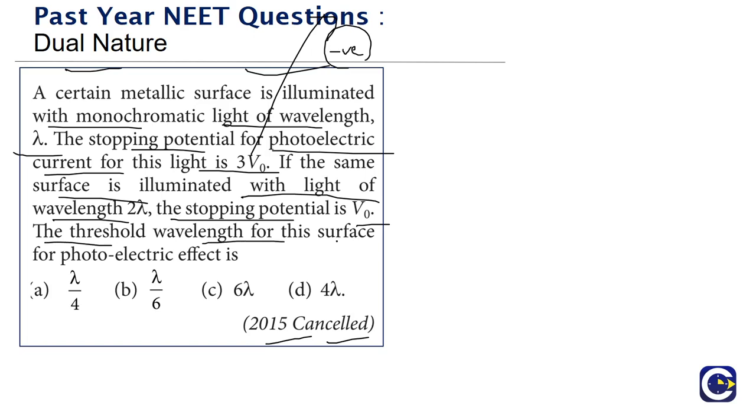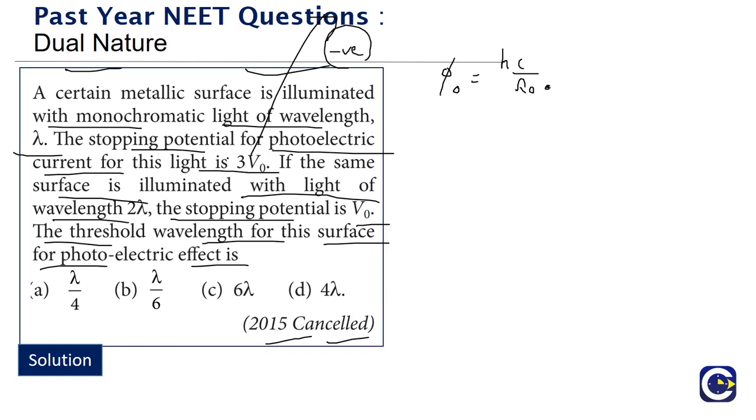The threshold wavelength of this photoelectric effect is how much? If we say that work function is phi naught, that will be equal to hc by lambda naught. This lambda naught is what we will be calling the threshold wavelength.